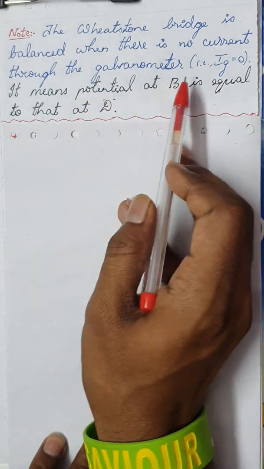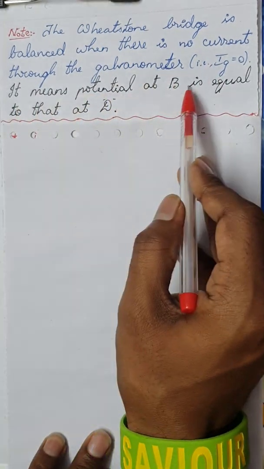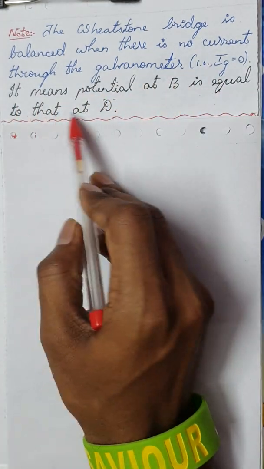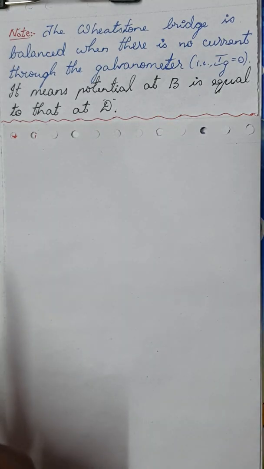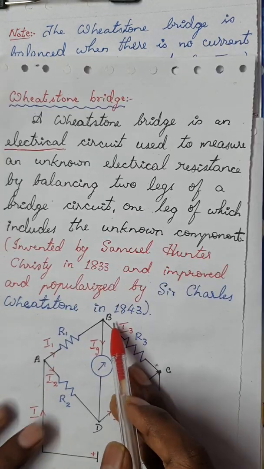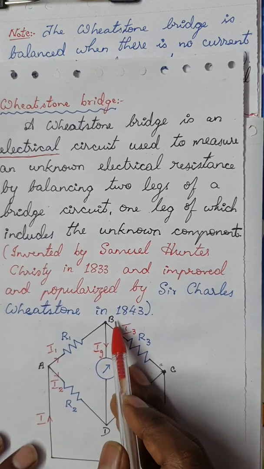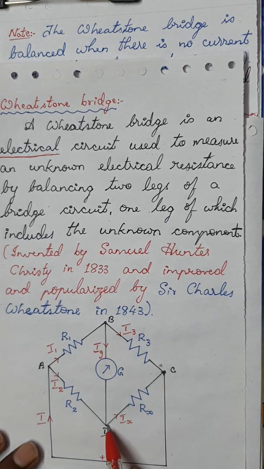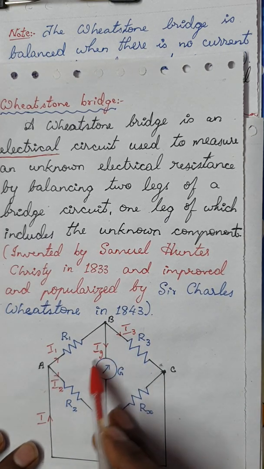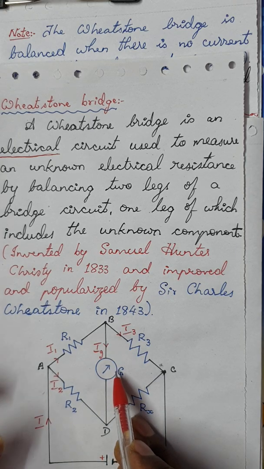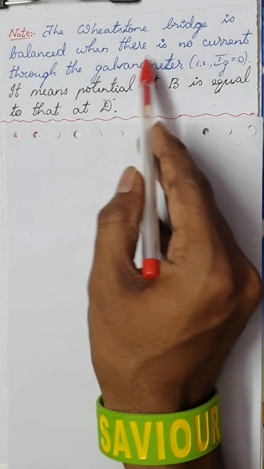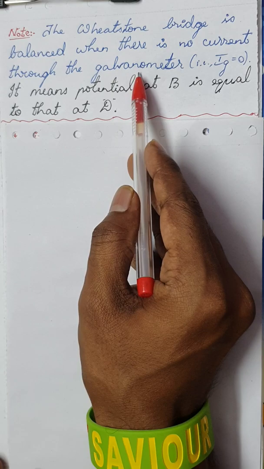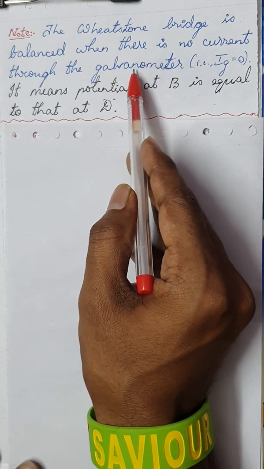The other way of saying it means potential at B is equal to potential at D. And there will be 2 junctions here. The potential at the point B will be same as the potential at the point D, because there will be no current passing through the galvanometer. Is it clear? So we say there is no current passing through the galvanometer, or the current through the galvanometer is 0.